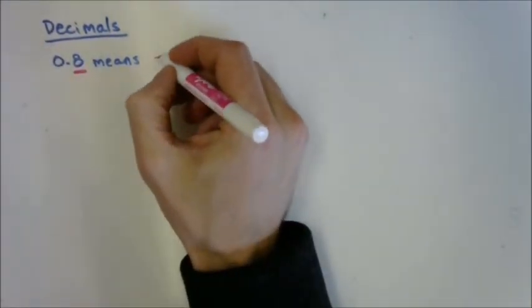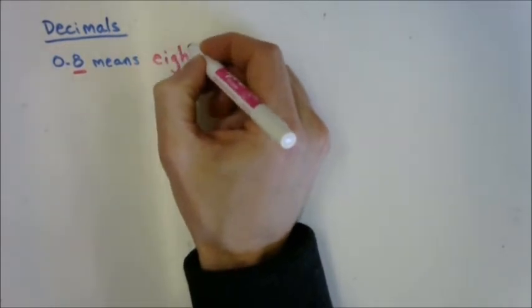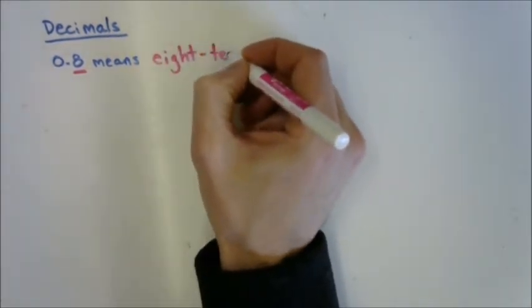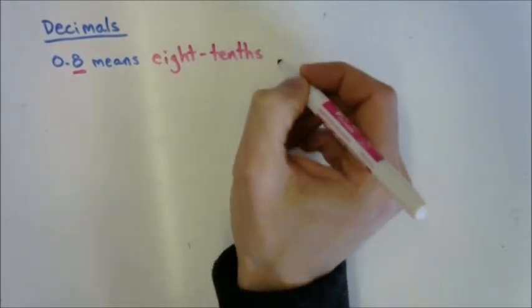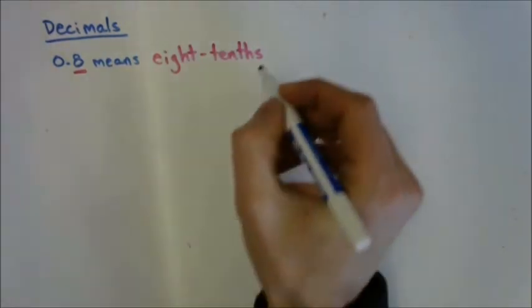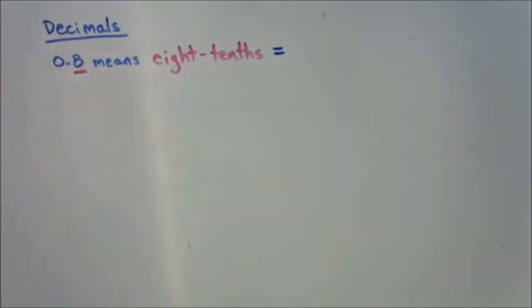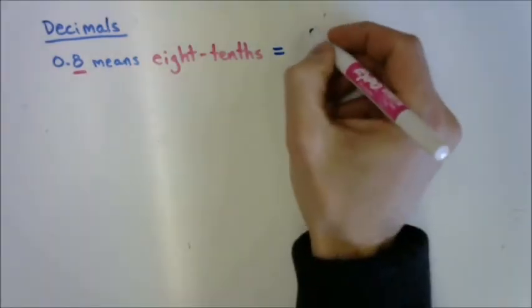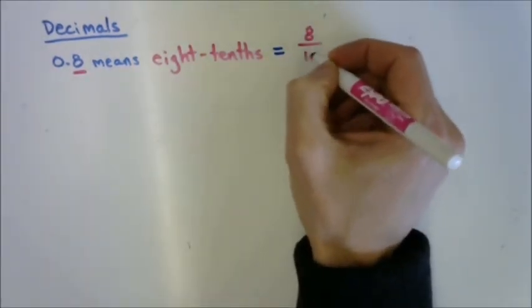So we're going to write that using words. We have 8-tenths. Which, now that we have that in words, it's really easy to see that that is equal to 8/10.